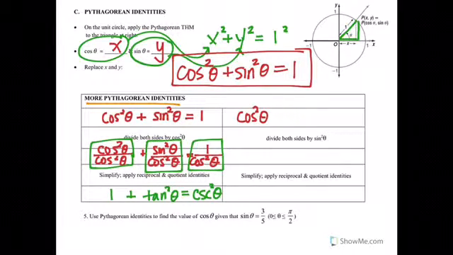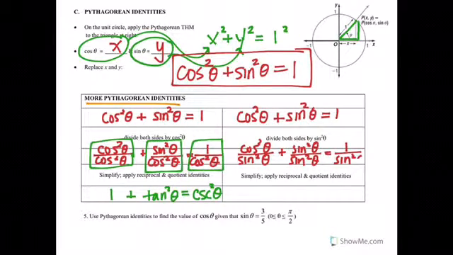We could do the exact same thing on the other side. Start with the original Pythagorean identity. This time, instead of dividing every term by cosine squared theta, I'm going to divide every term by sine squared theta. And then again, I'm going to simplify this, right? So cosine squared theta over sine squared theta is cotangent squared theta.